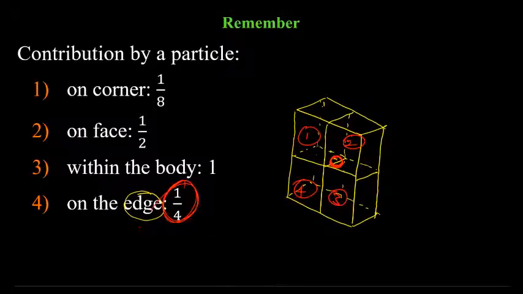In one cell, it will effectively be only 1 by 4th of its whole part. So you need to remember the contribution, if it is on edge, will be 1 by 4. Other questions will not be based on edges, but the questions might be related to contribution only. That's why I have included it here.